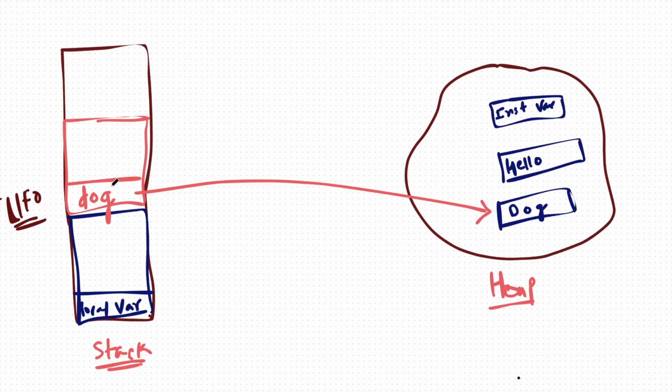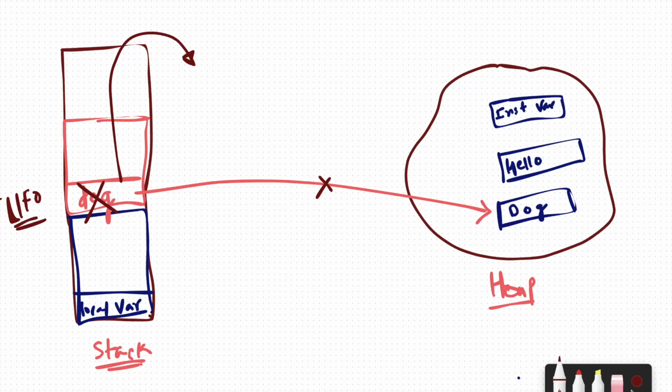So now this data will be pulled out, because since this is at the top of the stack, it will now be pulled out, right? And now we don't have this anymore. Since we don't have this anymore, this connection is also destroyed. Now there is no connection between this dog and this dog.